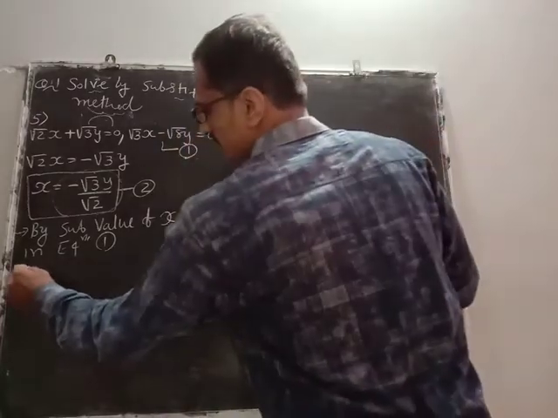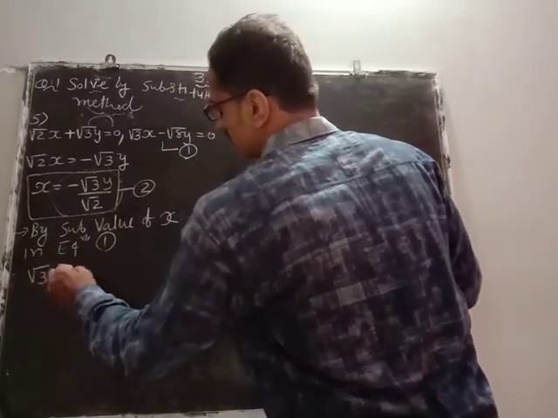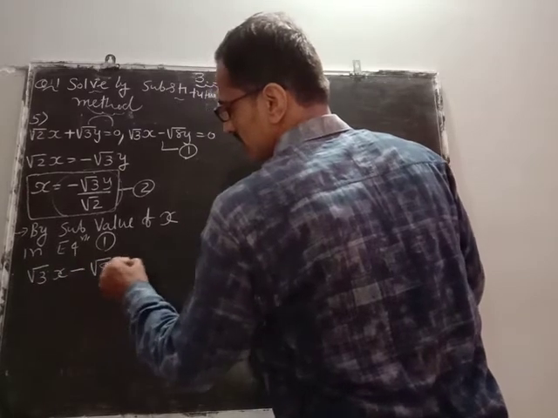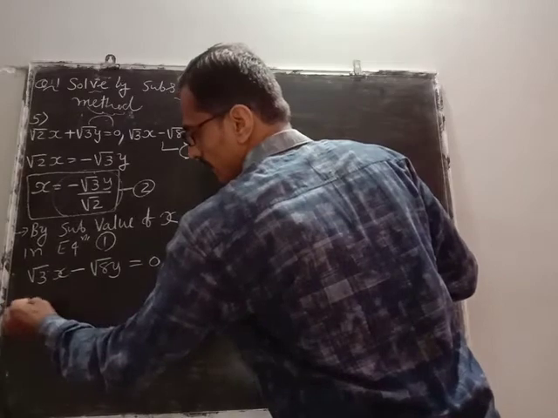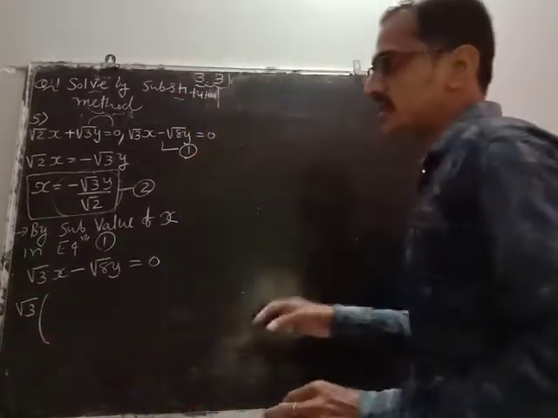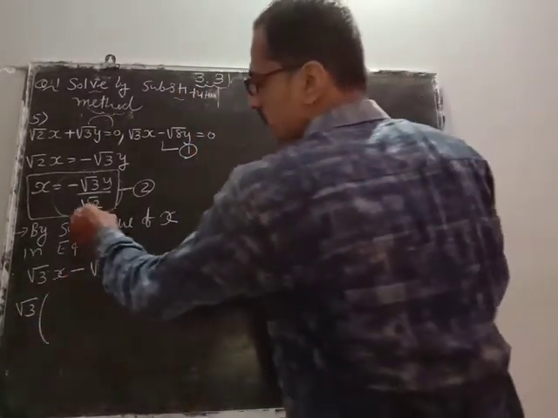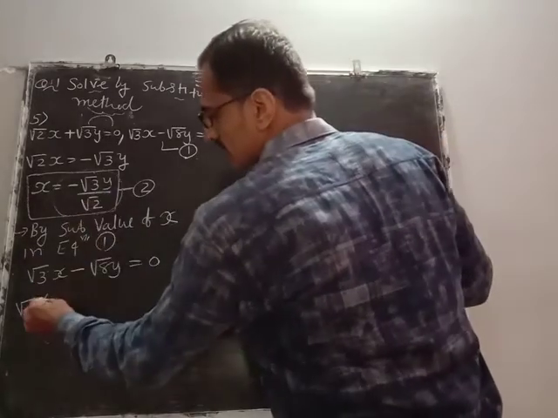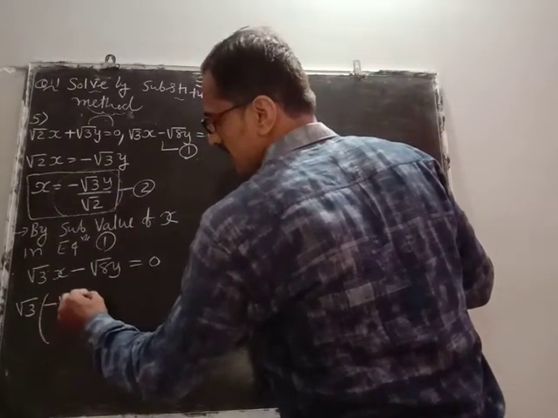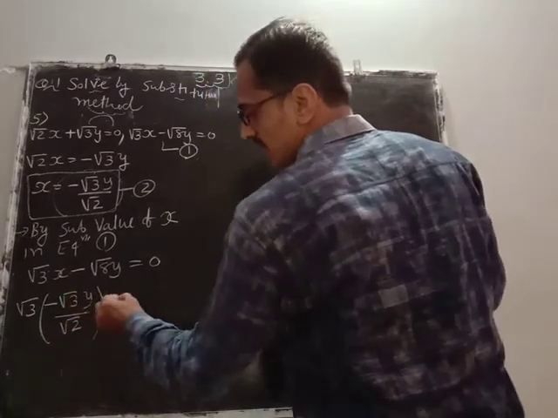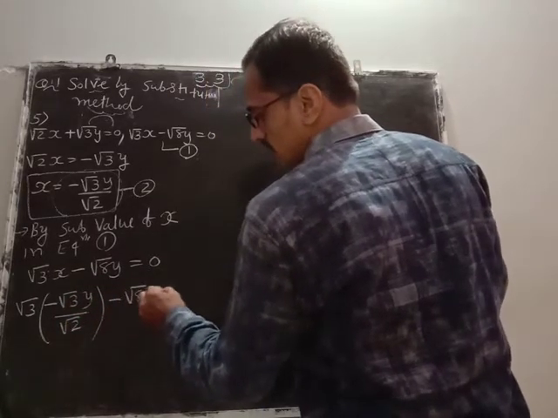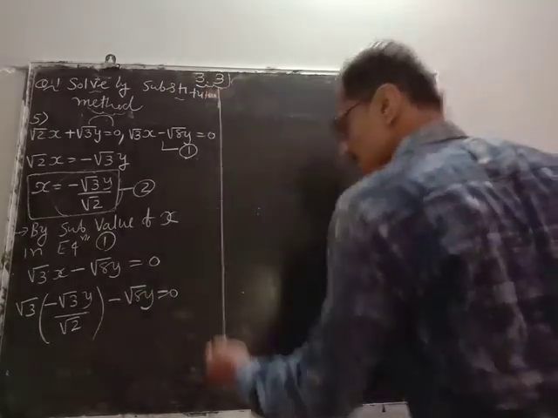First is root 3x minus root 8y equals 0. Root 3. Instead of x, we'll write this whole value of x, which is minus root 3y upon root 2, minus root 8y equals 0.